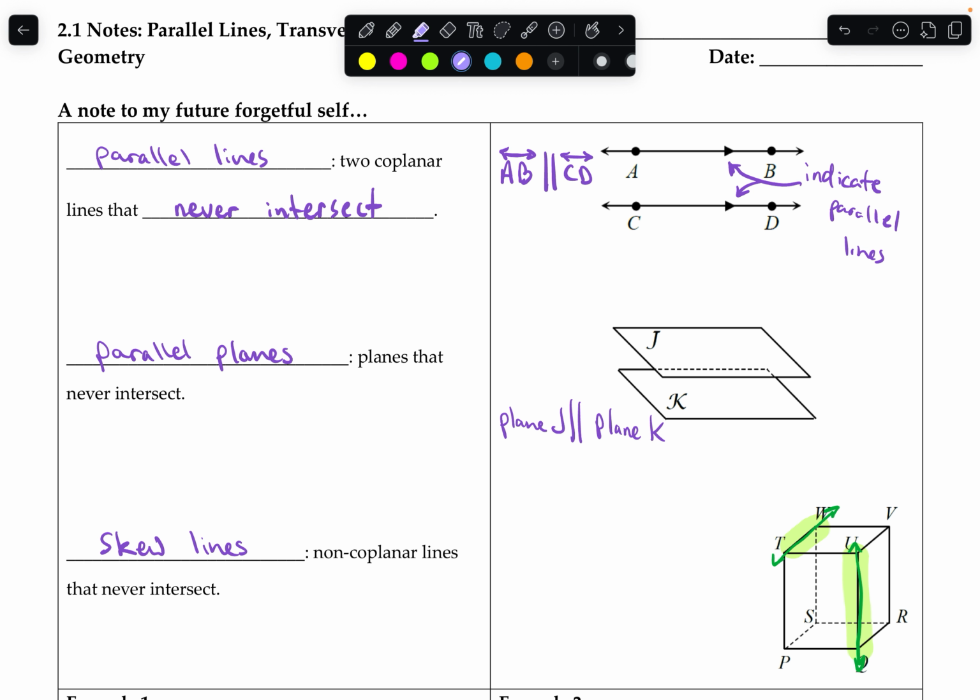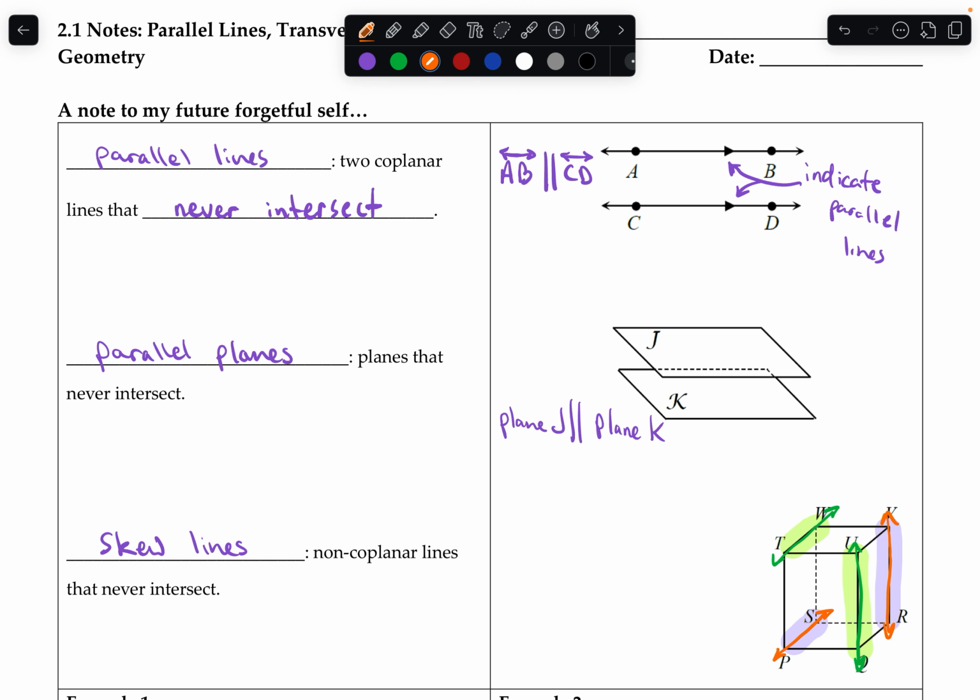Other examples of skew lines, I could do, let's say, SP and VR. Those would be examples of skew lines as well. Let's get a different color here. You could see that SP, in a similar fashion to the ones that we were just looking at, and VR, never intersect.